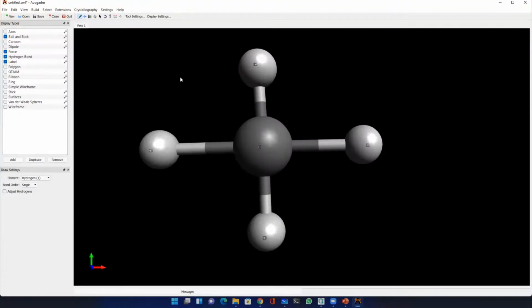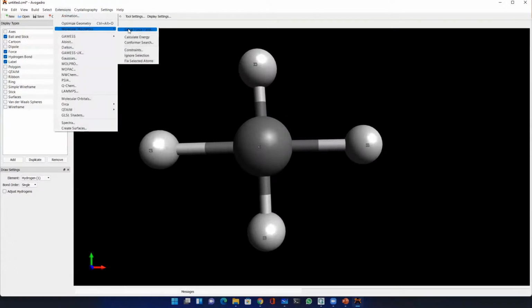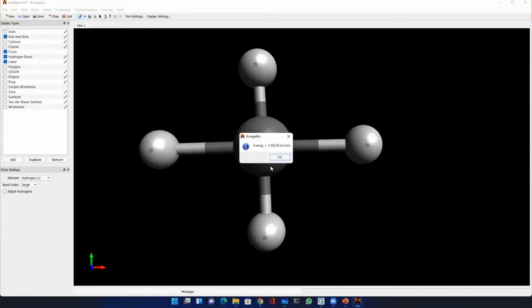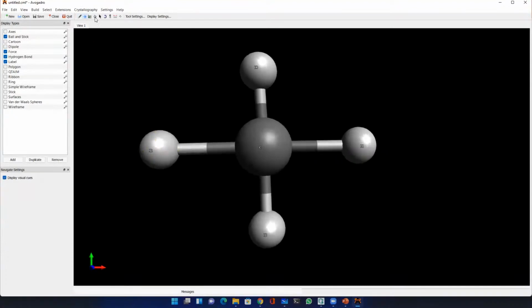So the software has to work on it and find out all possible conformations and their energy. So let's calculate the energy of this particular molecule. The current energy of this molecule, in this state, is 1392.56 kilojoules per mole, which is very high. 1392, almost 1400 we can say. Let's now maybe change it a little bit manually and see if we can make any difference.